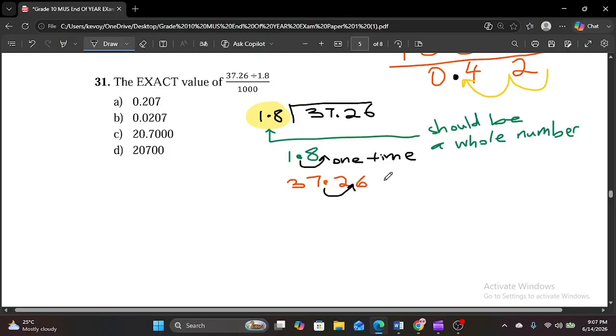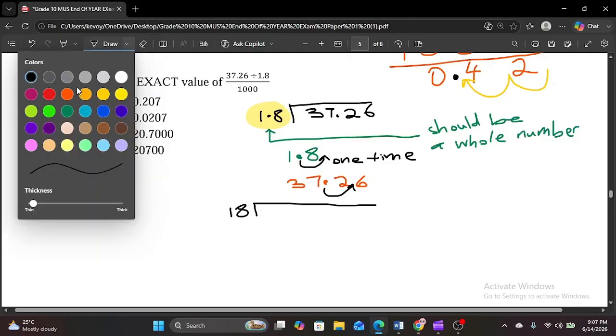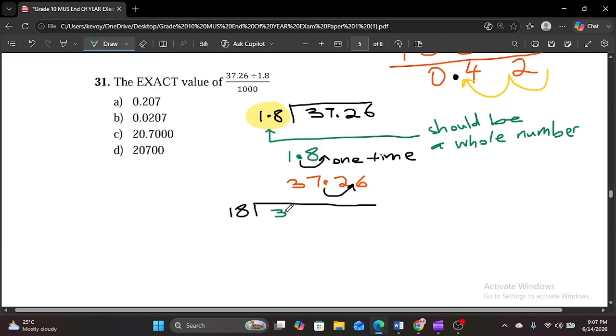So we're going to end up dividing 18 by 372.6. That's how we set it up.